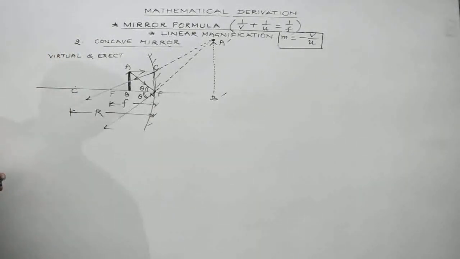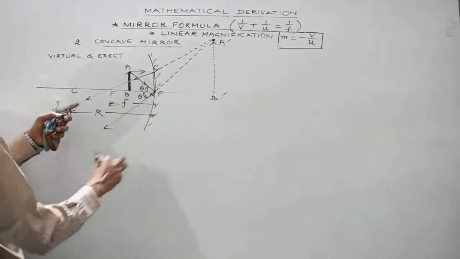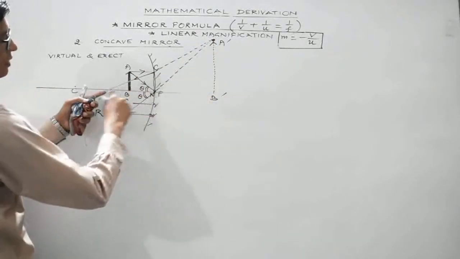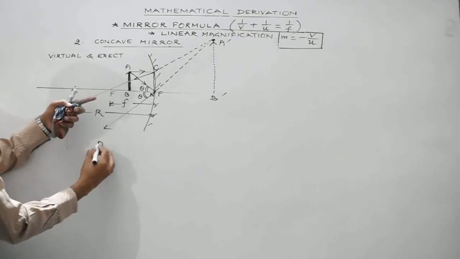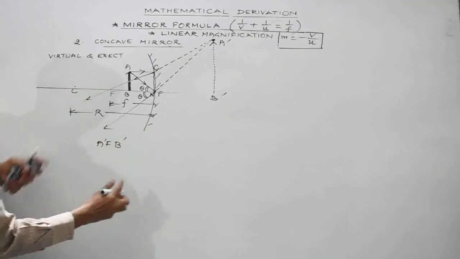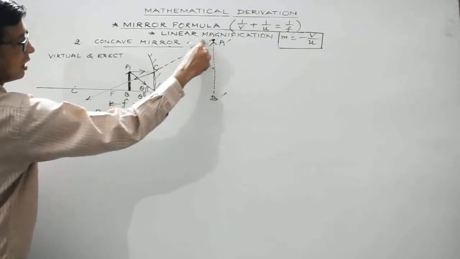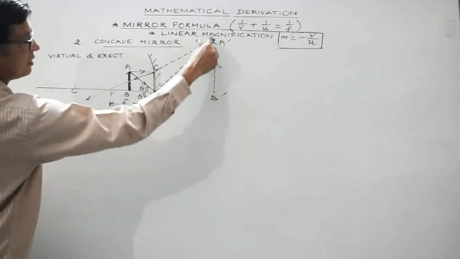Okay, let's consider two pair of triangles. Consider this triangle, this one, the bigger one. That is, consider triangle A', F, B'. I'm considering this particular triangle, right?